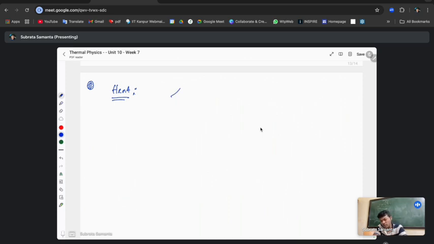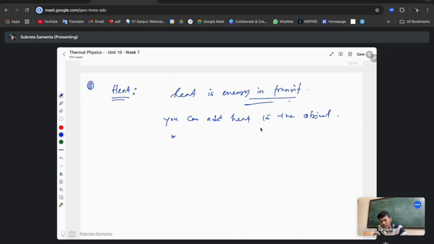So heat is energy in transit, right? That means you can add heat to the system or to an object, but you cannot say that the object contains a certain amount of heat.